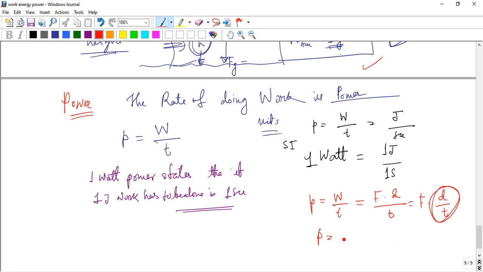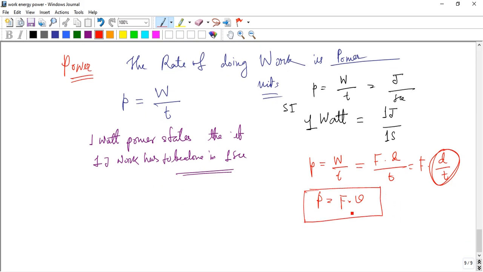So power equals force times velocity. Another relation, formula: force times velocity. So 1 Newton times velocity 1 meter per second, that is 1 watt.